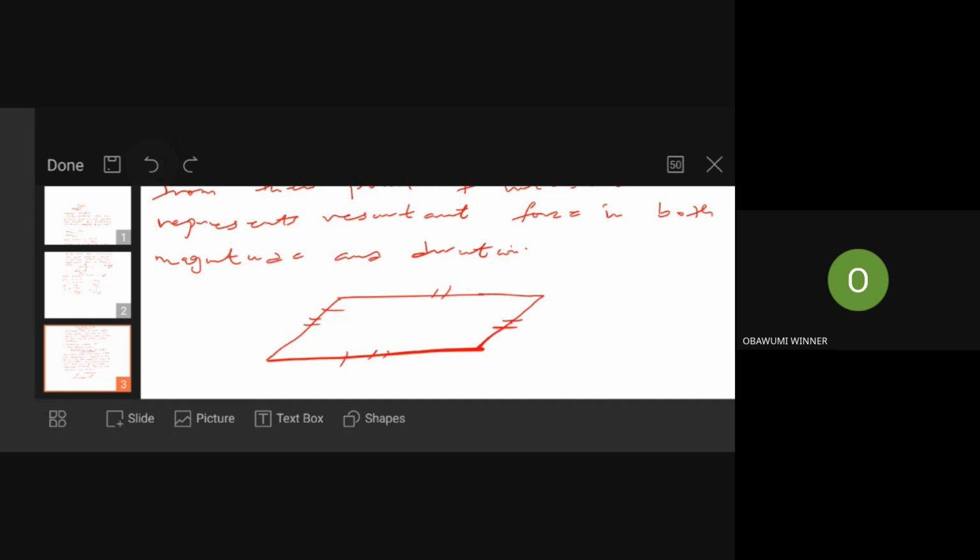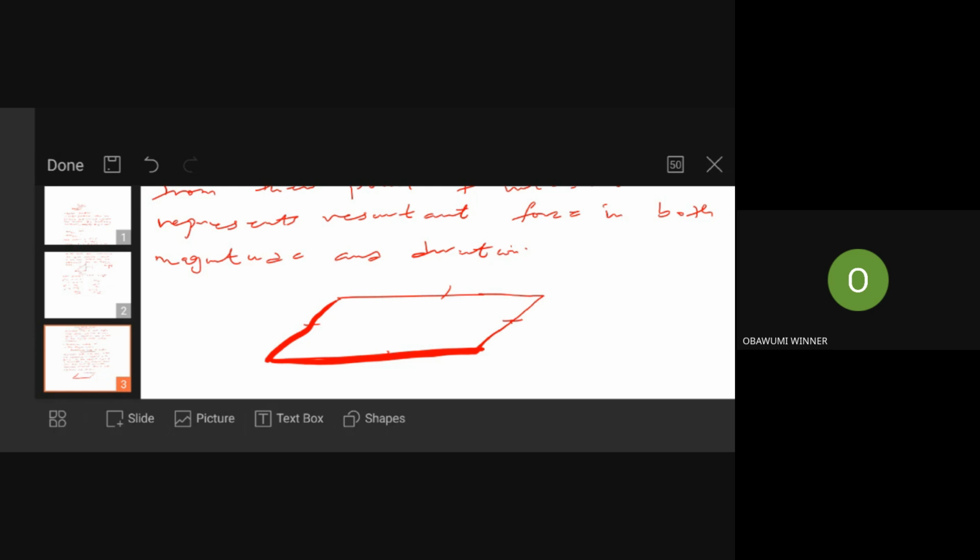Now, what does the law state? Now we know what adjacent and opposite sides are. It says anytime vectors are represented in magnitude and direction by the adjacent sides of a parallelogram, so let's say I have a vector represented here. This line is my first vector. Let me say I have this as my F1, and I have this side representing F2.